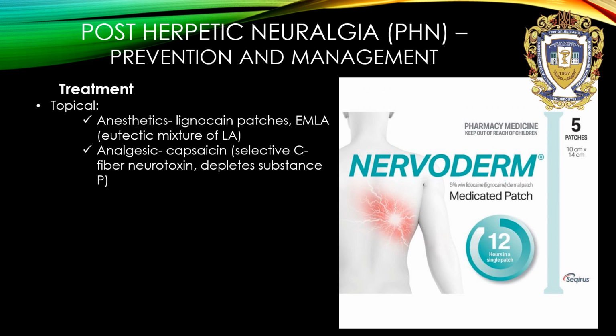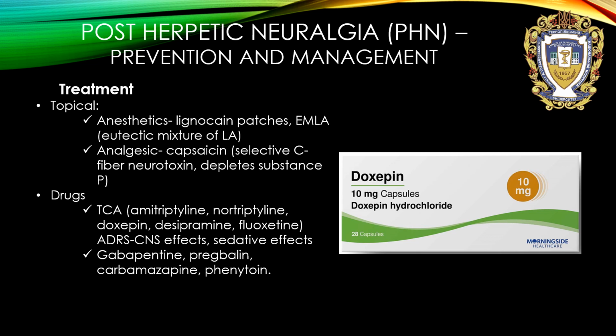And topical treatment. Anesthetics can be lignocaine patches or eutectic mixture of local anesthetics. Analgesic: capsaicin, a selective C-fiber neurotoxin, depletes substance P. Drugs like amitriptyline, nortriptyline, doxepin, desipramine, fluoxetine.